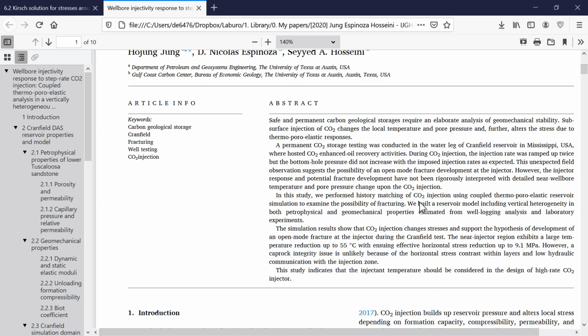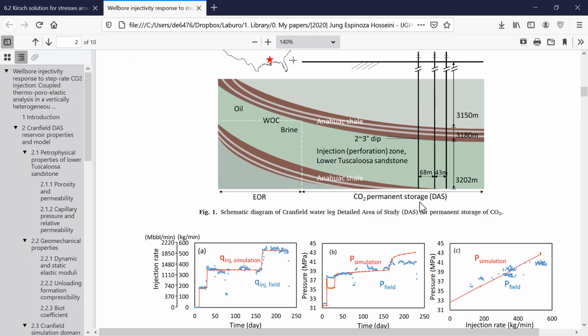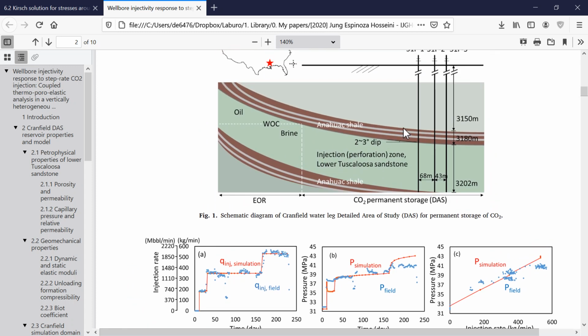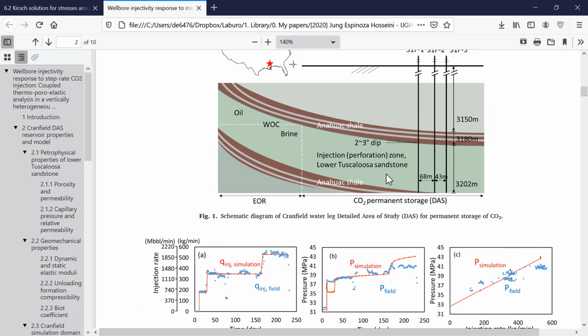Basically, what we wanted to study was if we would expect any change in the step rate test, adding the condition of temperature. This is something that is already known to happen, but not that well constrained for the case of carbon dioxide, and in particular for this case in which we did a field study.